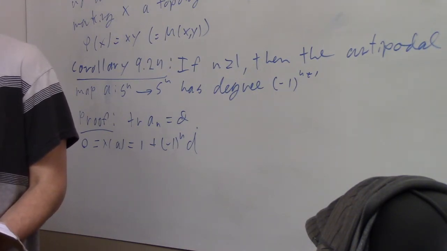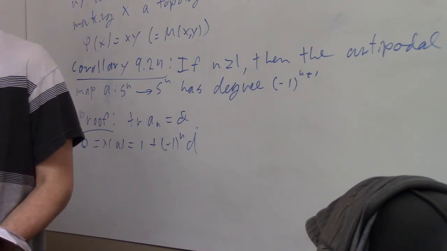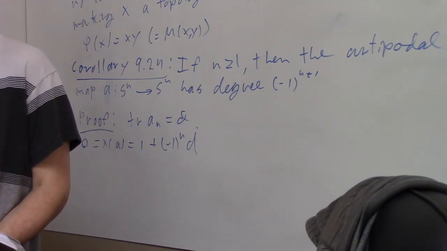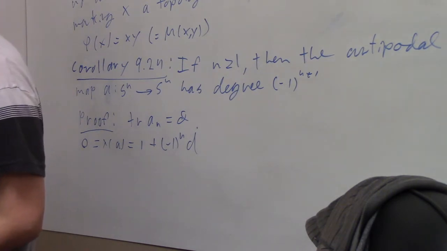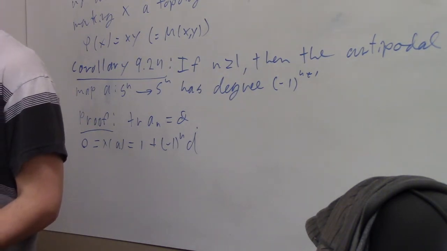Once you have that, he talks about universal coefficients for a bit. You can construct homology groups with other coefficients.